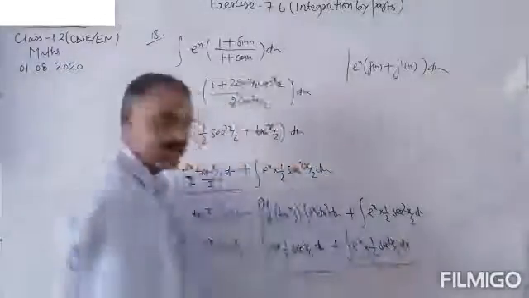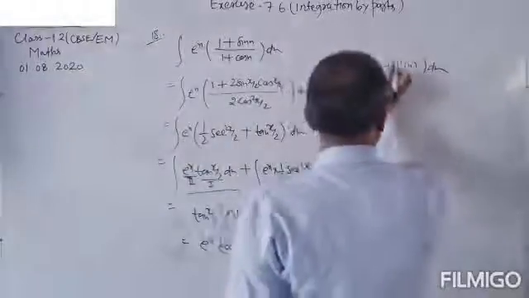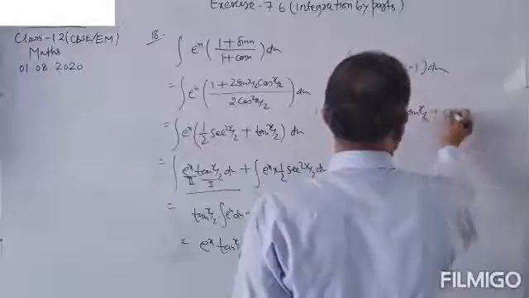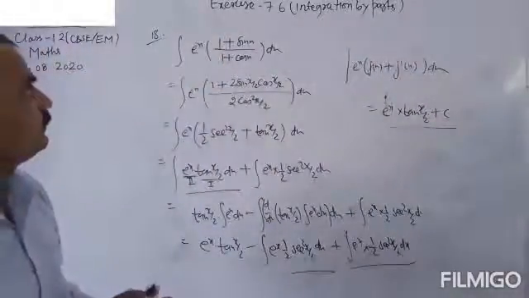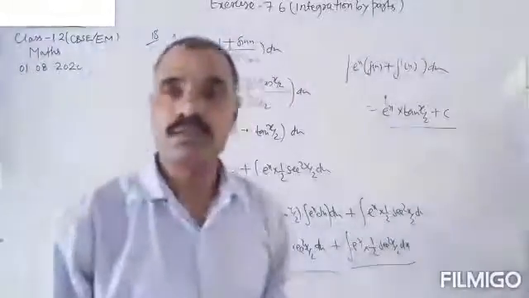So this will cancel this. Okay, and finally we will have e to the power x into tan x by 2 plus c as the integration of the given function, that is e to the power x multiplied by 1 plus sin x upon 1 plus cos x.